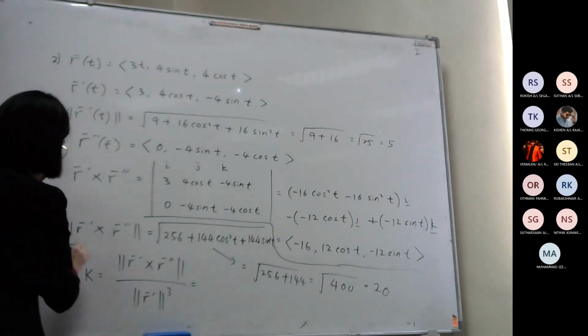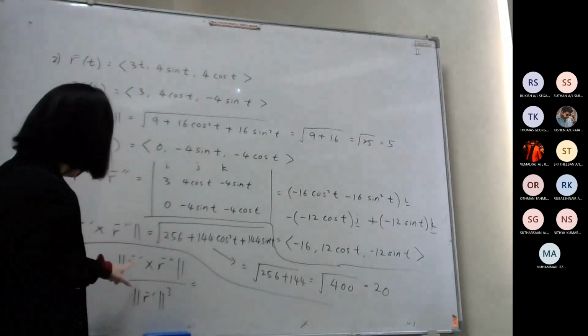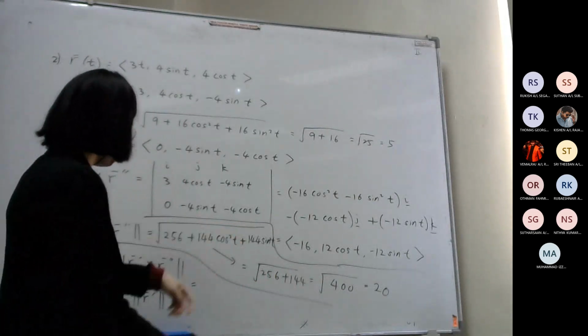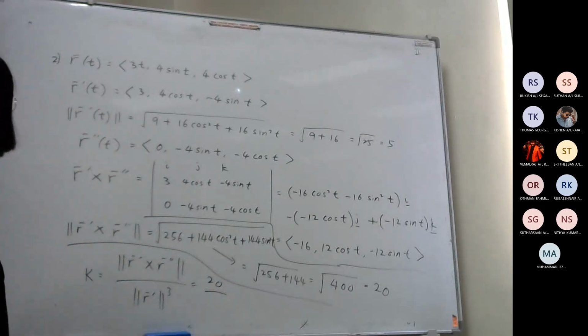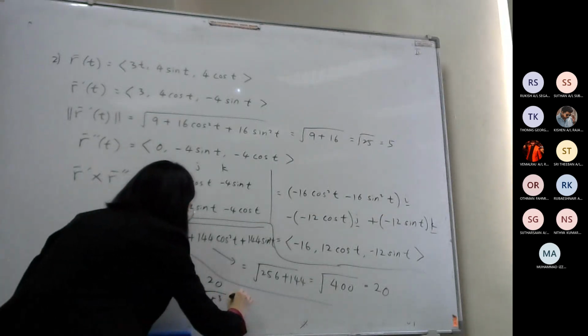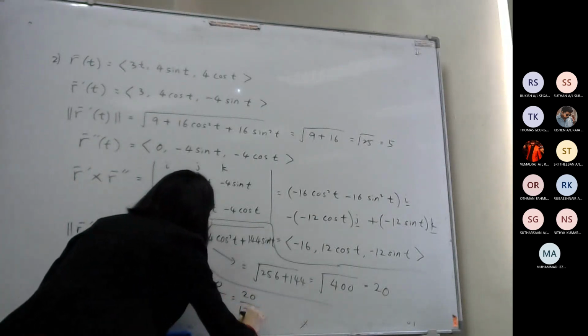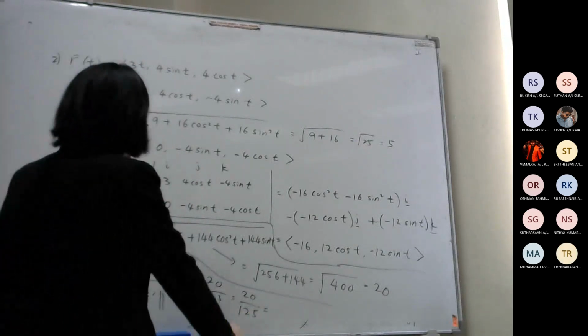Then put the values into the formula. The magnitude is 20, divided by the magnitude of r prime cubed. The magnitude of r prime is 5, so 5 cubed is 125. So 20 over 125, which is 4 over 25.